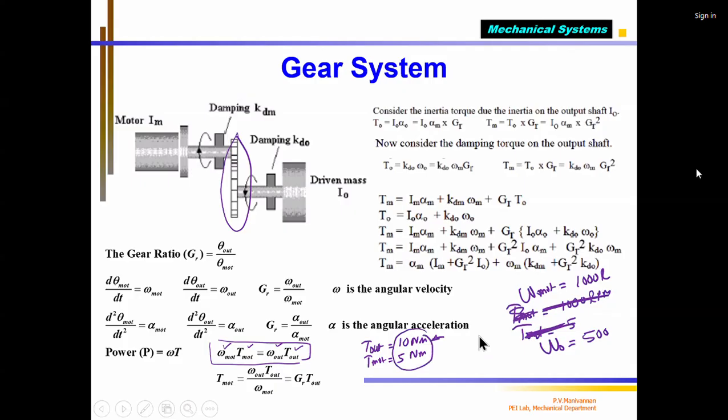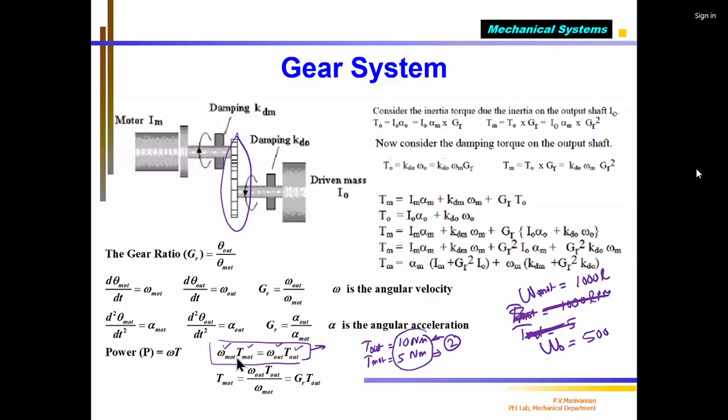Because of the gear, the motor torque is only 5 Newton meter and I want to double the torque, since my load requires 10 Newton meter. In that case the gear should reduce the speed, and only then will the torque be amplified. We already know that; that is what this equation says: input power equals output power.